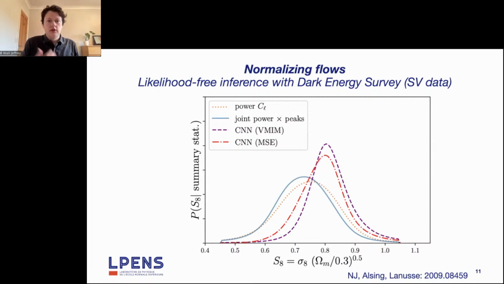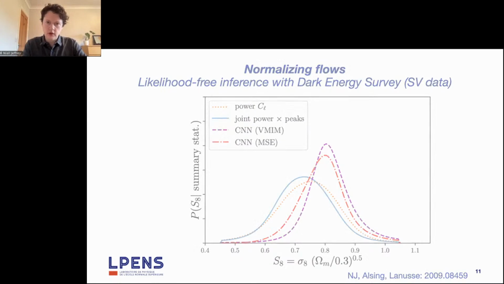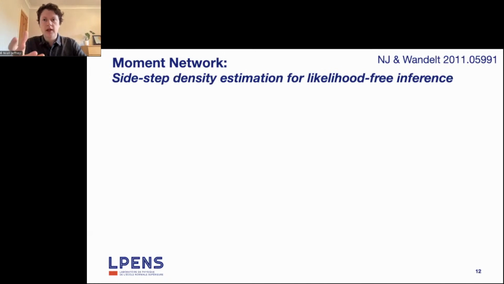So we have our standard approach now. This is the standard approach to likelihood-free inference with normalizing flows for a few parameters. The problem with applying this to what we've just spoken about is that in the previous example, I had 2 parameters: S8 or sigma 8, which gives me the amplitude of fluctuations in the universe, and omega matter density.